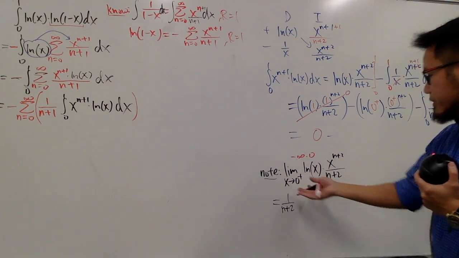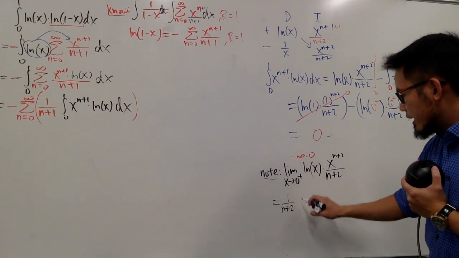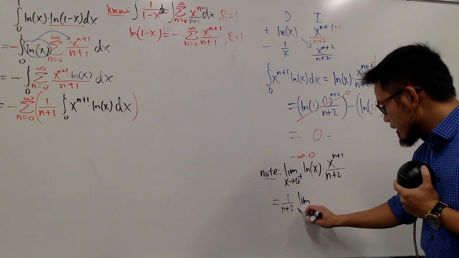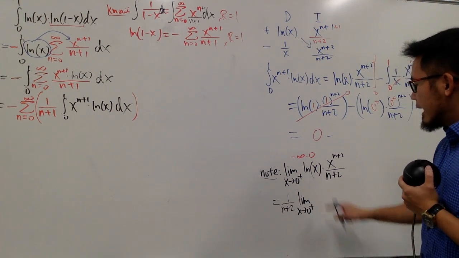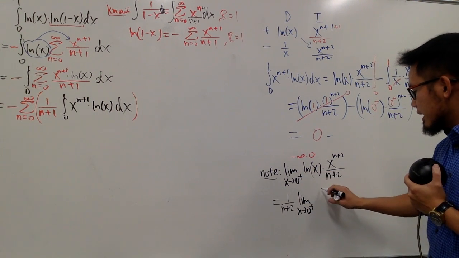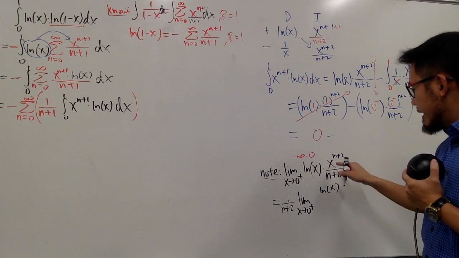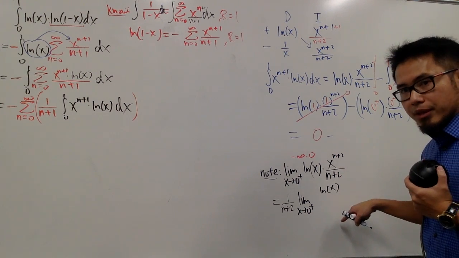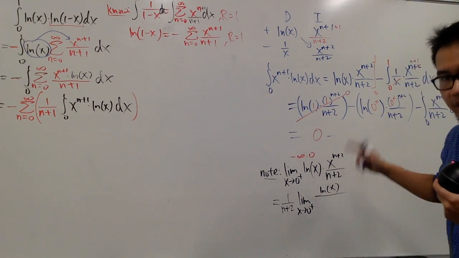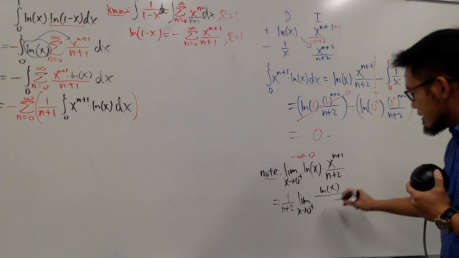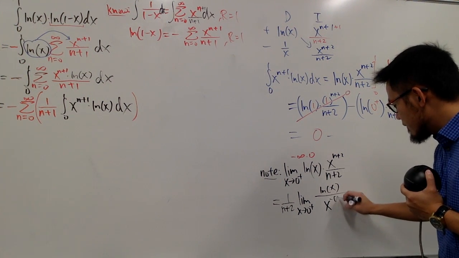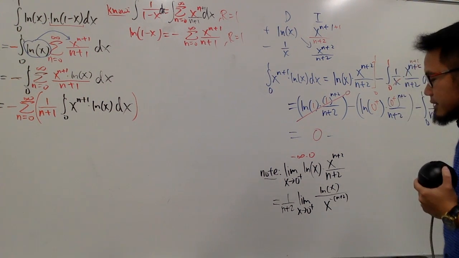That's just like a number in the x world. And we will look at the limit as x goes to 0 plus. Let me leave the ln x on the top, and I will bring this down to the denominator. But that will be a negative exponent, so this is going to be x to the negative n plus 2 power like this.